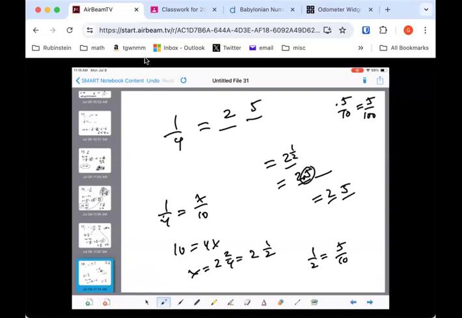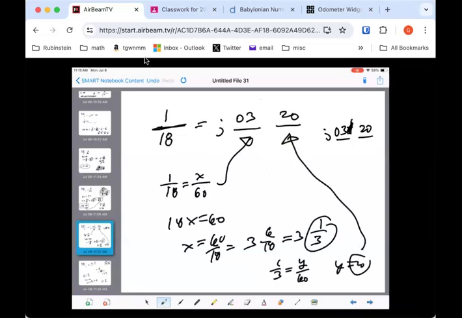0.5 is the same thing as 5/100, and in a similar way, 20/60ths is kind of like that. It's a little confusing though.